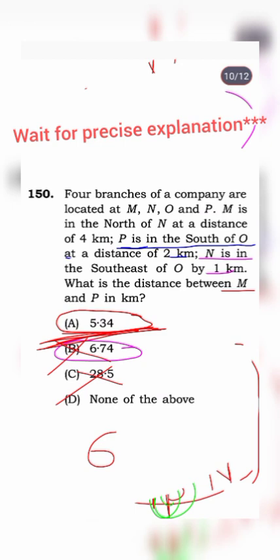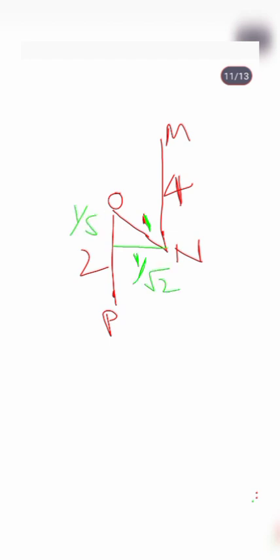So overall, what we have learned here, I will clear it up. This is MN, this is NO, and this is OP. This is 1, this is 4, and this is 2. We have considered an imaginary line from here to here, and if the hypotenuse is 1, then this will be equal to 1 by root 2, and this will also be 1 by root 2.